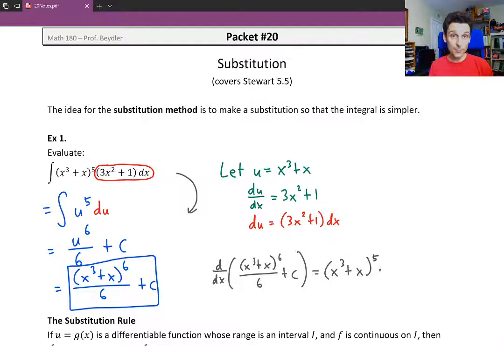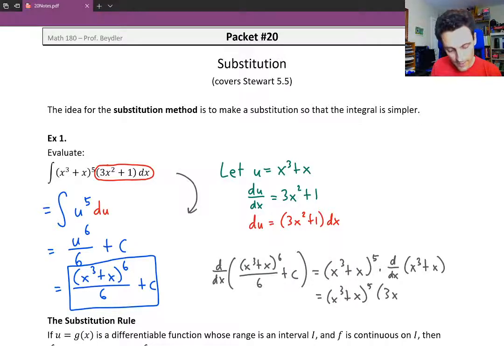But then by the chain rule, we would have to multiply by the derivative of the inside, right? The derivative of x cubed plus x, which is 3x squared plus 1. And that's exactly what we started out with. So this is checking out as the antiderivative.